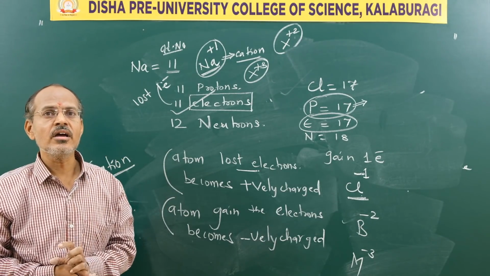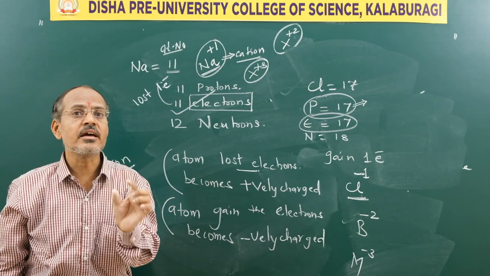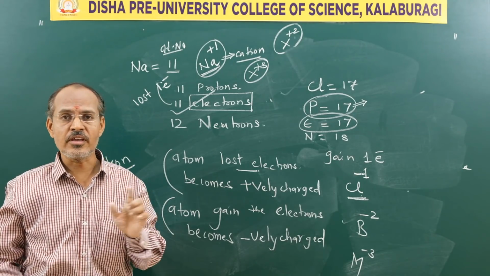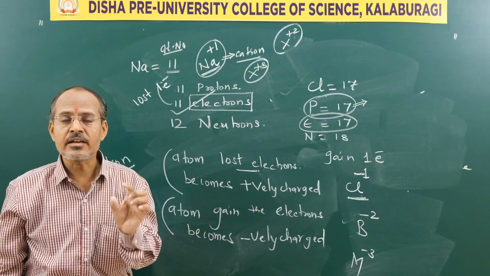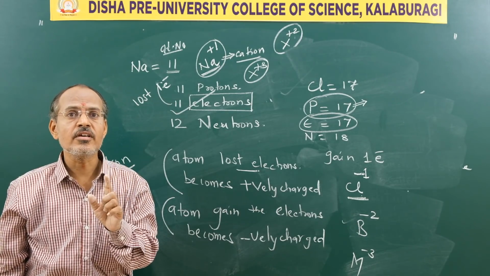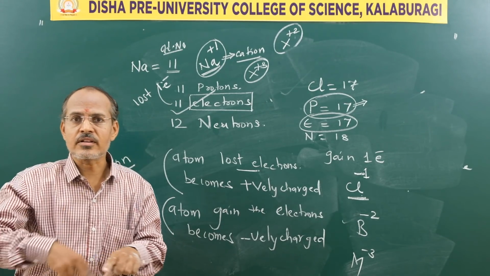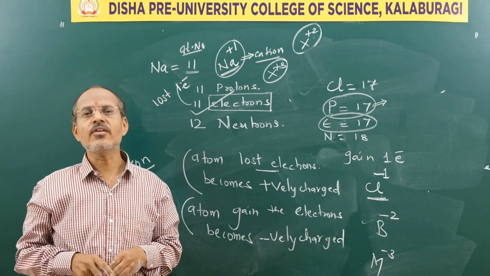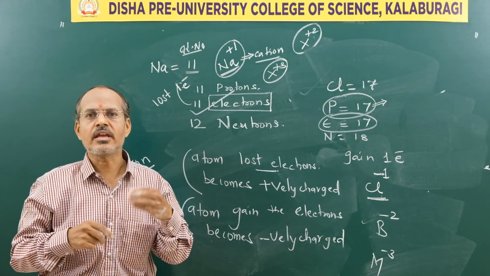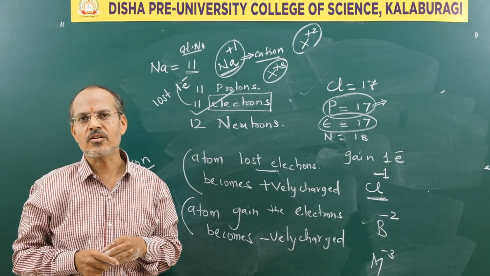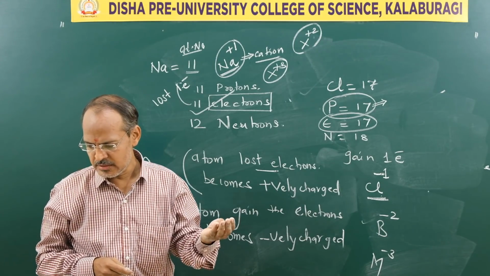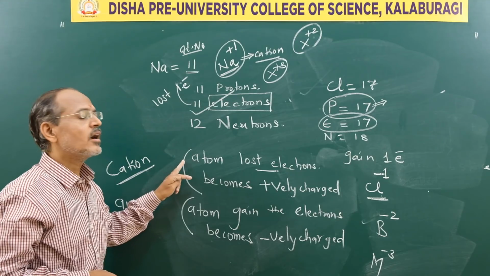Then what is an ion? An ion is an electrically charged species formed after the gain or loss of electrons. So that is about the ion.